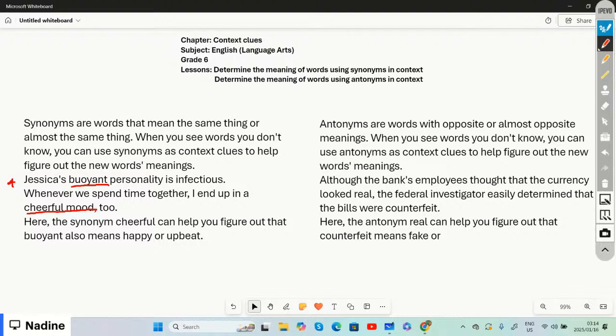And remember, we said the synonym is words with the same meaning or almost the same meaning. So if you don't know the meaning of a word, you can look at the synonym as context clues to help you figure out the new meaning of the word.